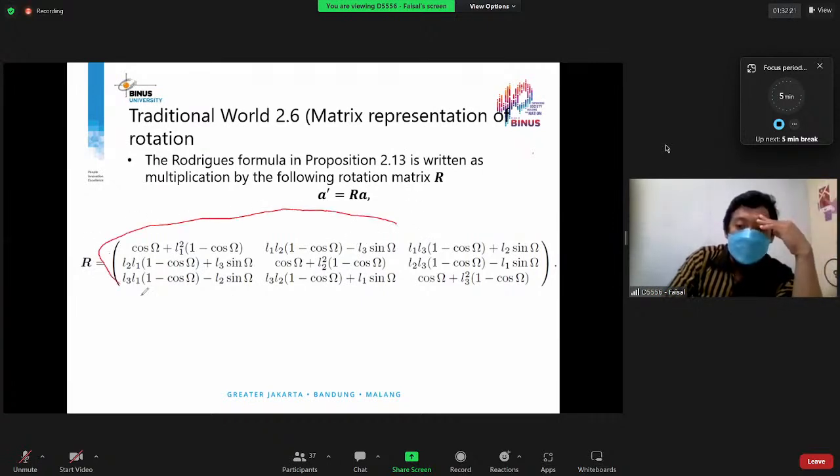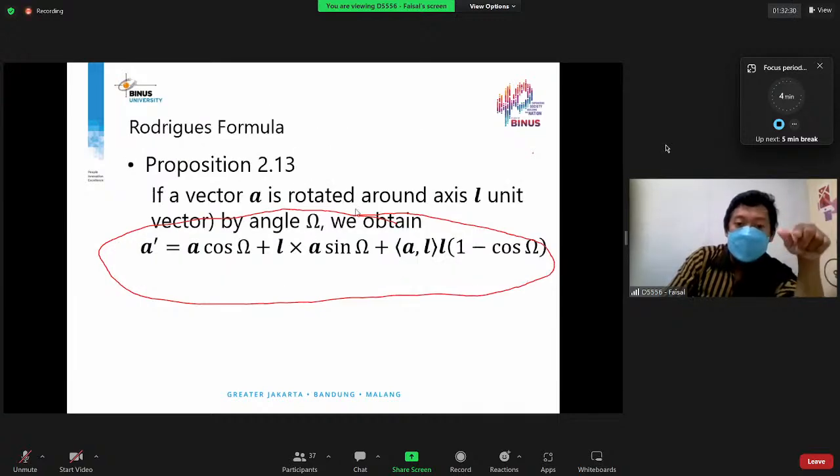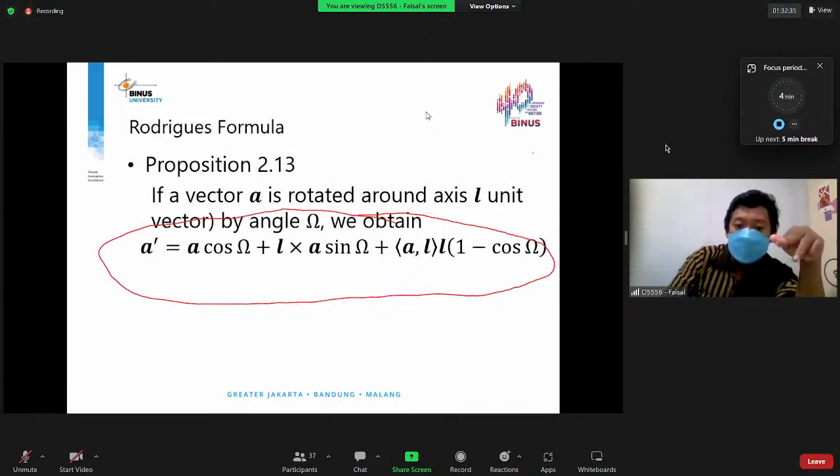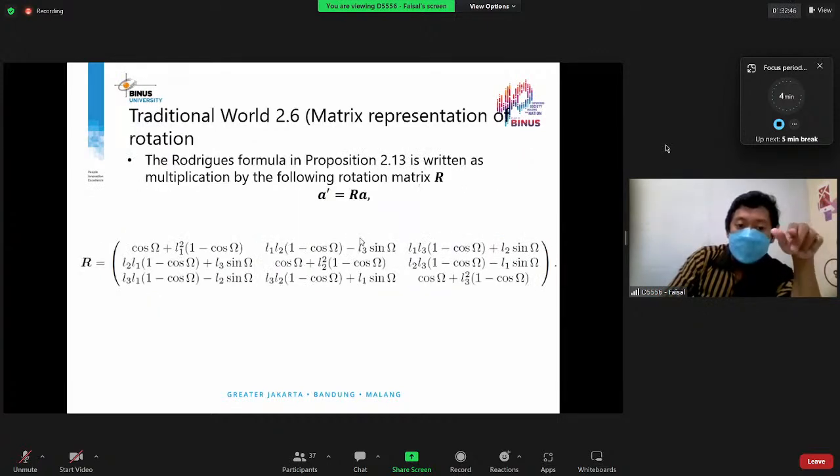So this is the rotation matrix for the previous formula. Because we need an axis and an angle, there is L and there is an angle. So the entries of the rotation matrix come from the angle and from the line direction: cos, L1, L2, L3, sin.